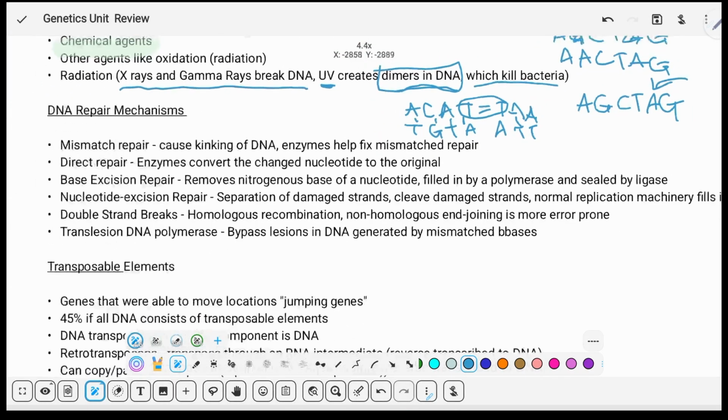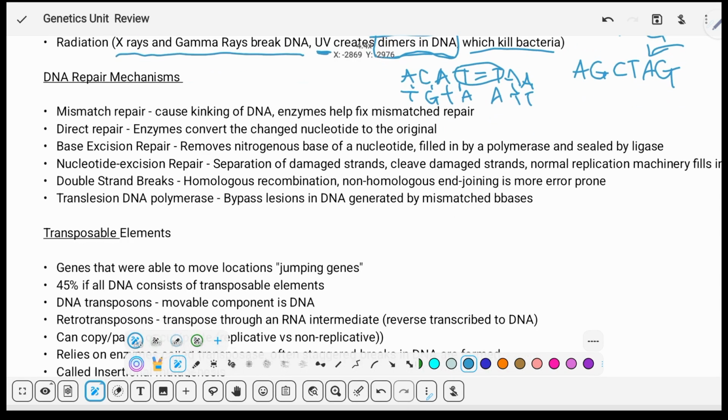DNA repair mechanisms. There's mismatch repair. Basically, there might be kinking in the DNA, because when there's a mismatch, say C and T together, which should not happen, this causes kinking in the DNA, and then enzymes help fix this.